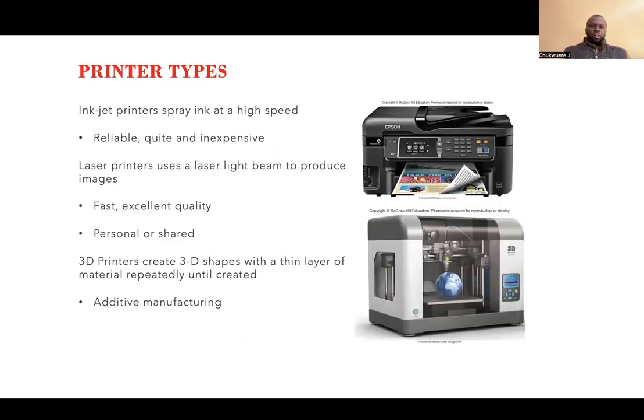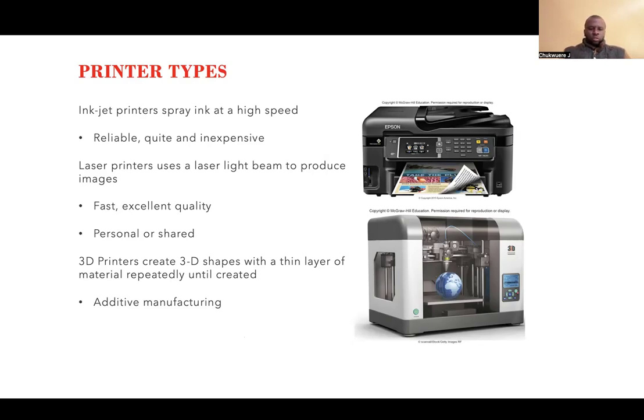Now, we have different kinds of printers. Inkjet printer, which has durability, high speed, it's reliable, quiet, and inexpensive. We have laser printer, which uses a laser beam to produce an image, a document, a text. It's very fast and of excellent quality, and can be a shared or even a personal printer.